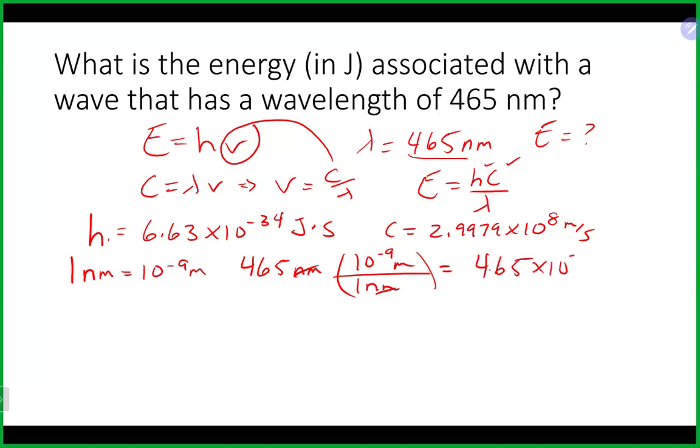That's 4.65 times 10 to the minus 7 meters. And again, we need to use that because our speed of light is in meters, so everything cancels out correctly. Now that we have everything in the right units, we'll pop it in there.